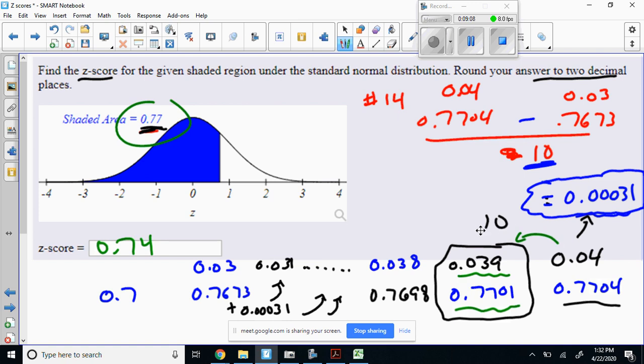Right. All right. That was number 14. So the answer's 0.74. It's the outside number. The shaded area is the inside the table number. So sometimes you may have to interpolate to get there, okay?